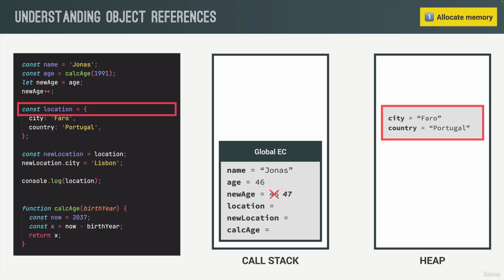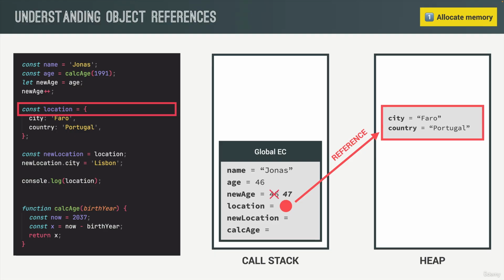So the way this works is that in the execution context, the variable location will actually hold a reference to the object. So again, location will not be the object itself, but just a reference to the object in the heap. In technical terms, it's the memory address of the object that will be stored as the value of location. But that's not really that important.